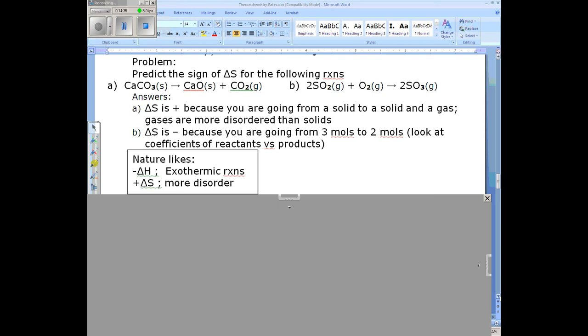If a reaction has those two things, it will always be spontaneous. If it has the opposite of these two things, if it's an endothermic reaction going to more order, that will never be spontaneous. That will never happen on its own. That's something we would have to force.